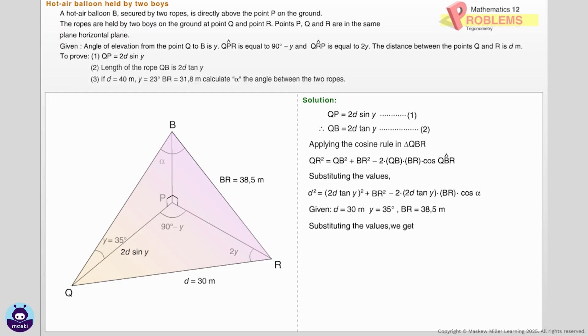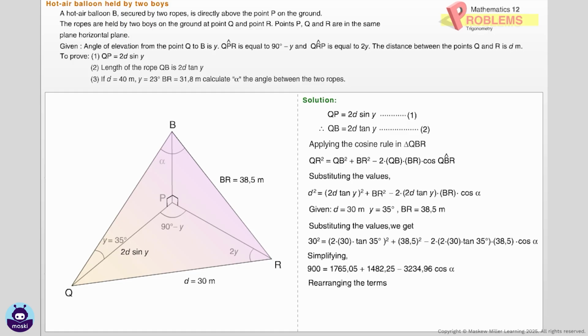Substituting the values, we get, simplifying, rearranging the terms, cos alpha equals 0,7256, or alpha equals 43,48 degrees.